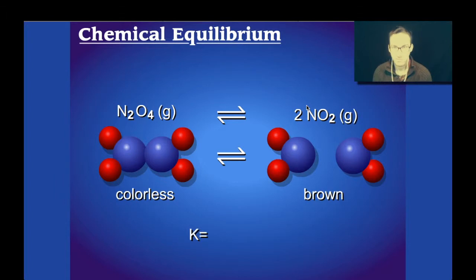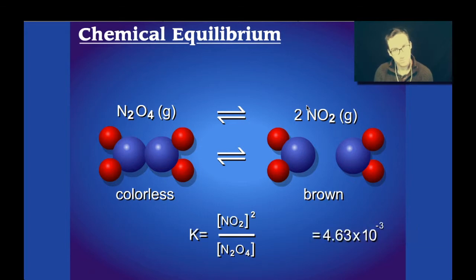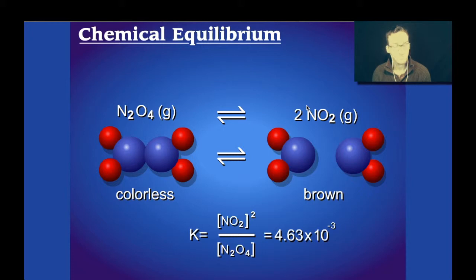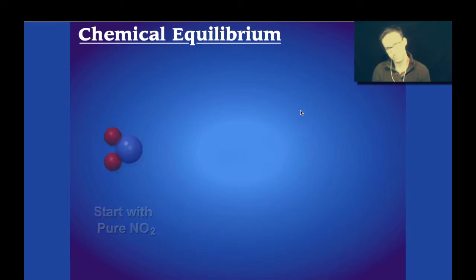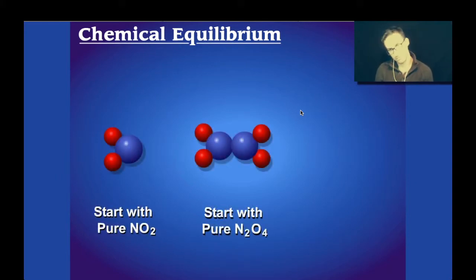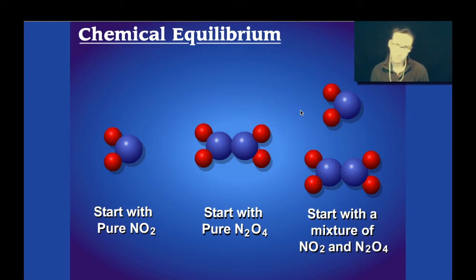K equals the concentration of NO2 squared divided by the concentration of N2O4, which equals 4.63 times 10 to the minus 3, where K is the equilibrium constant for the equilibrium at 25 degrees Celsius. Note that the exponent 2 for the NO2 concentration in this expression is the same as the stoichiometric coefficient. To convince yourself that the above equilibrium expression holds, no matter the starting concentrations, choose to start the reaction with pure NO2, pure N2O4, or a mixture of NO2 and N2O4.